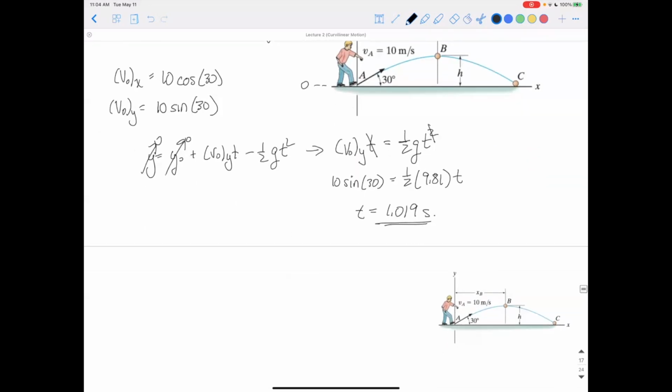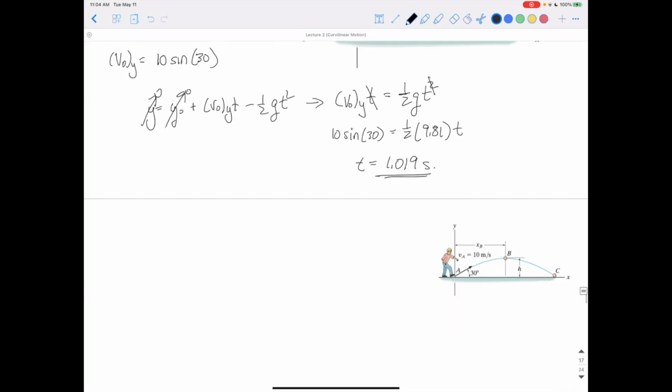Now all we need to do is figure out after 1.019 seconds, how far has that ball moved in the x direction. So we can write our equation: x is equal to x0 plus v0x times time.